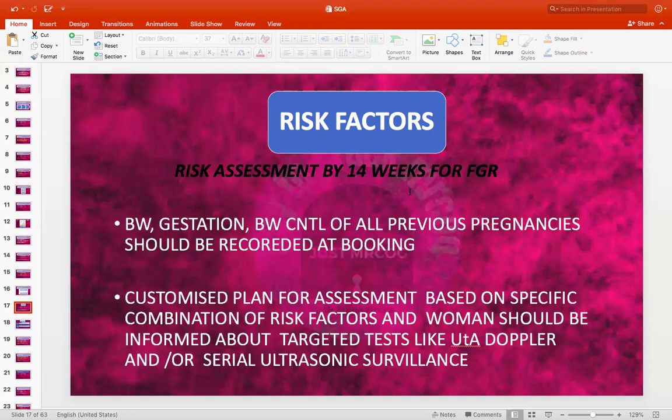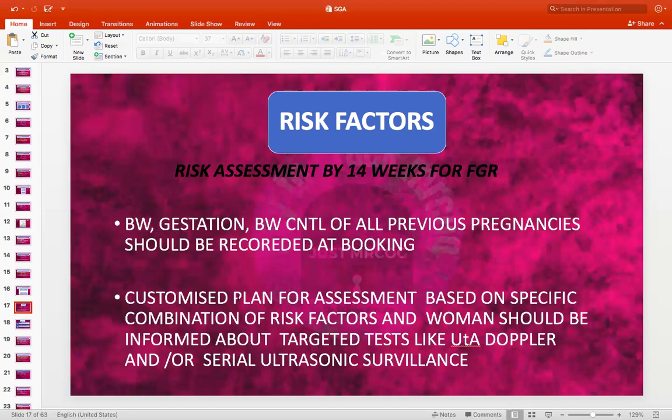So what do we take into account? Birth weight, what the birth centile was, and what the gestation was for all previous pregnancies, meaning the birth weight of their previous deliveries, what the birth centile was, and what the weeks of pregnancy were, which we are going to mention at the booking appointment.